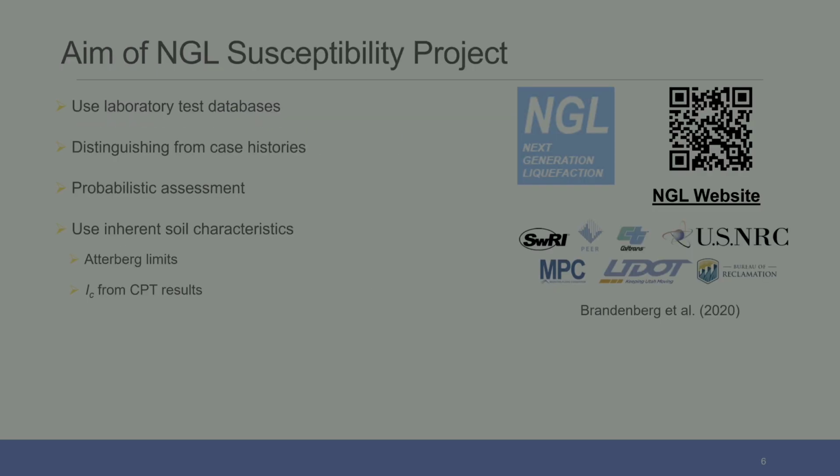Professor Stewart explained the aim of this project, but in detail, for the NGL susceptibility project, we are trying to create a huge database. We gathered over 500 laboratory test results, and we are distinguishing the susceptibility portion from the case history, so we are only using the laboratory test results. As an NGL vision, we are trying to make our assessment probabilistically, and for susceptibility we are using inherent soil characteristics, which are Atterberg limits or, from CPT results, Ic.